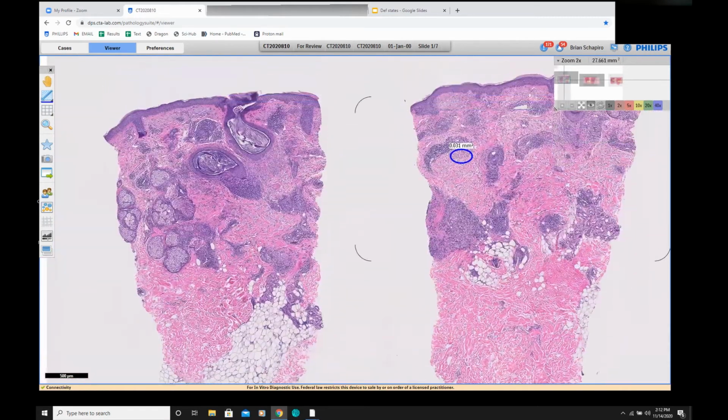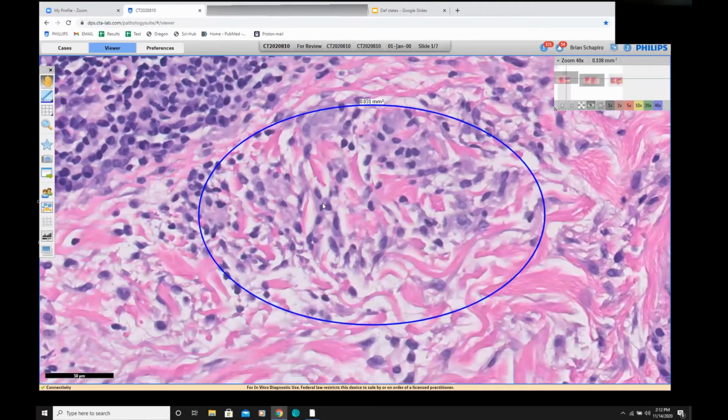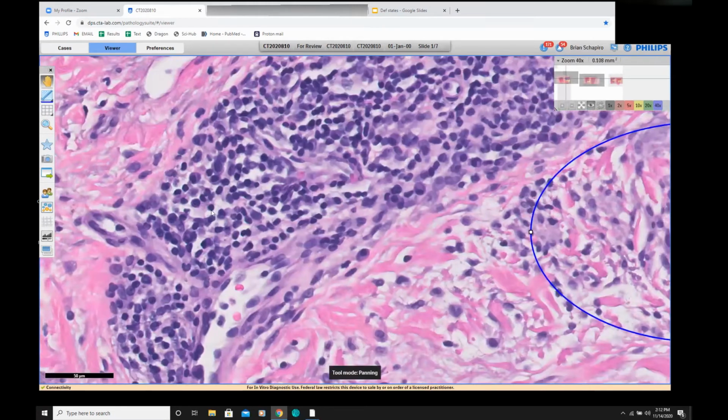If you look carefully over here, this pattern is an interstitial granulomatous pattern, an interstitial granuloma annulare-like pattern, histiocytes percolating between the reticular dermal collagen bundles. And the lymphocyte population is small round lymphocytes with a few larger transformed lymphocytes.